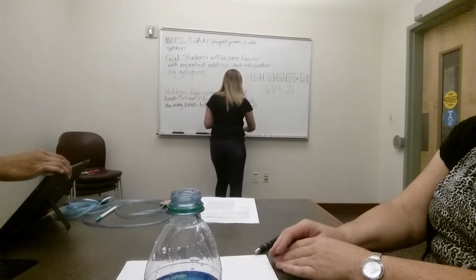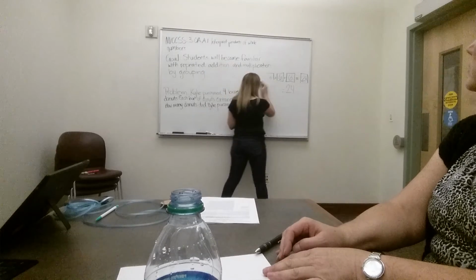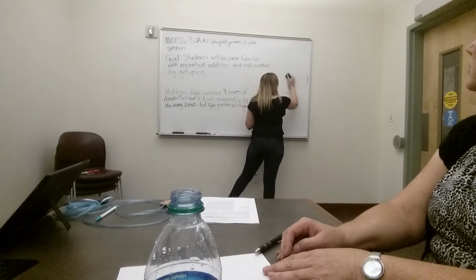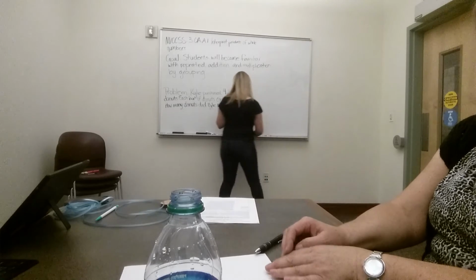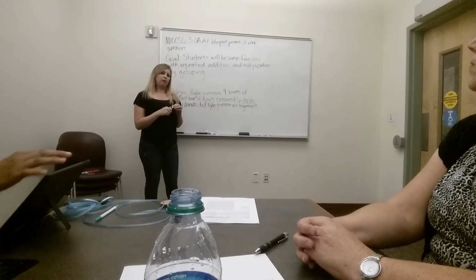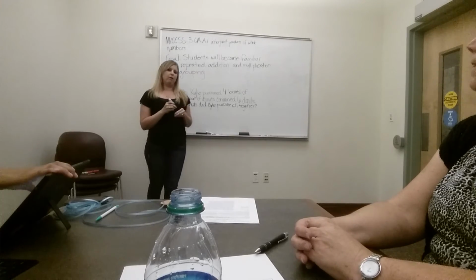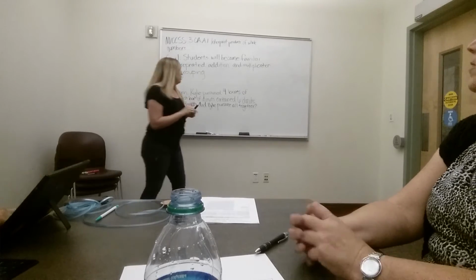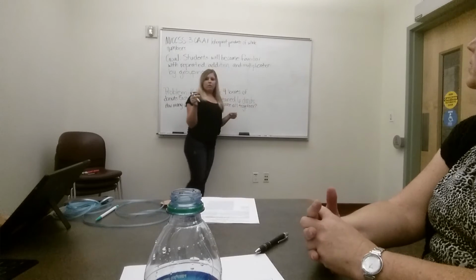Okay, let's do a couple more examples together so you can get the idea of repeated addition and multiplication. So, Linda, give me 2 numbers, and I'll show you how we can fill the boxes in. 7 and 3. Okay, so you can do this 2 ways.